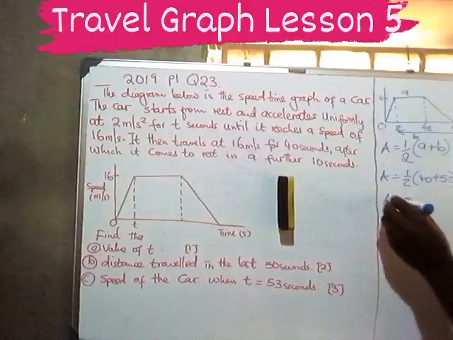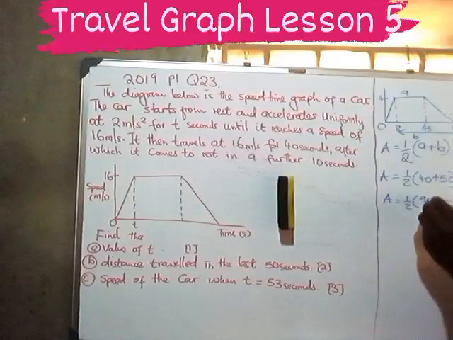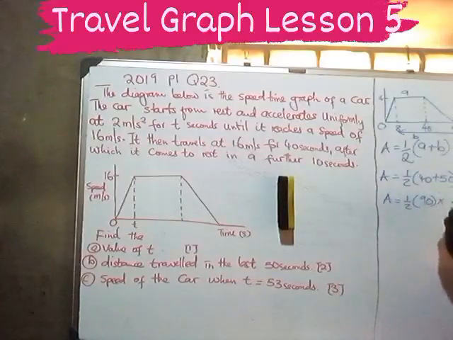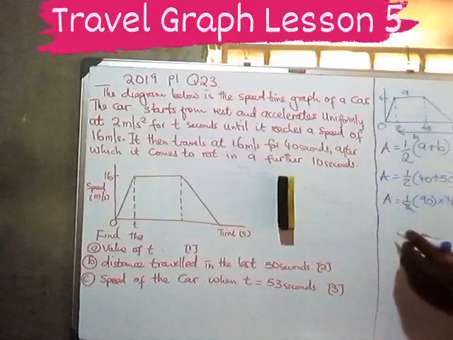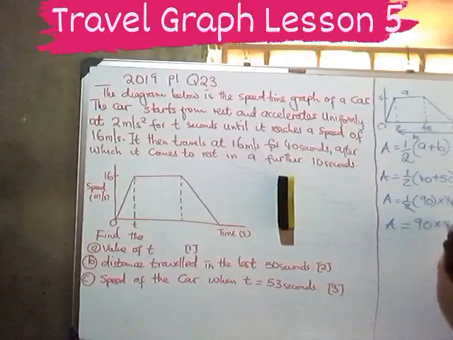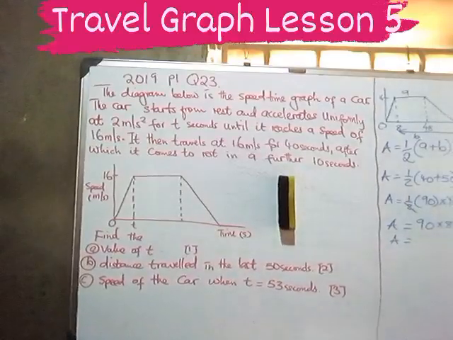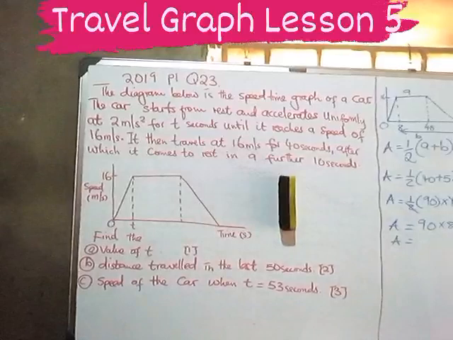So now we are going to have area is equal to 1 over 2 multiplied by 90 multiplied by 16. So I'm going to say this into this, it goes 8. So A is equal to 90 multiplied by 8.